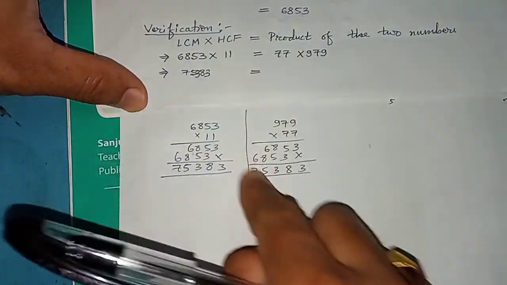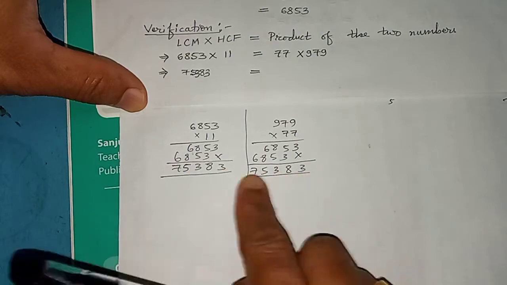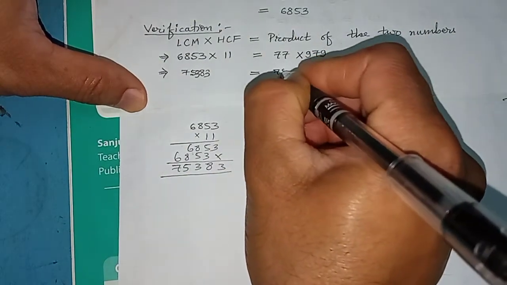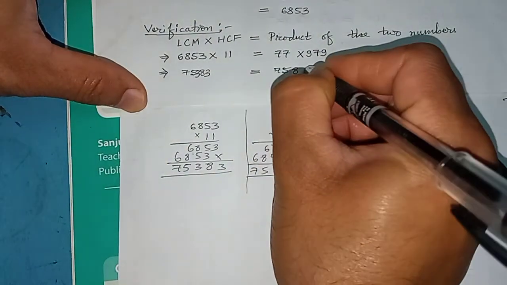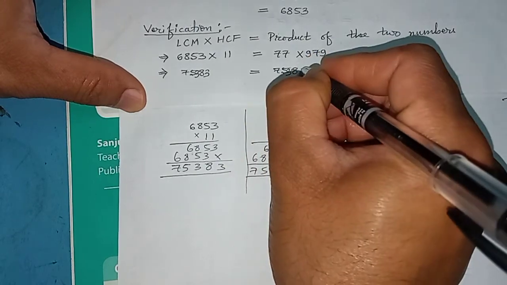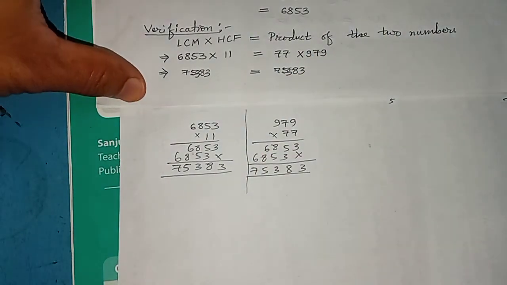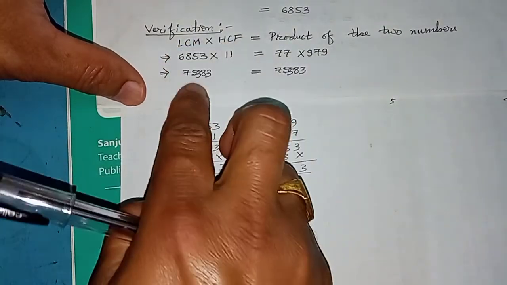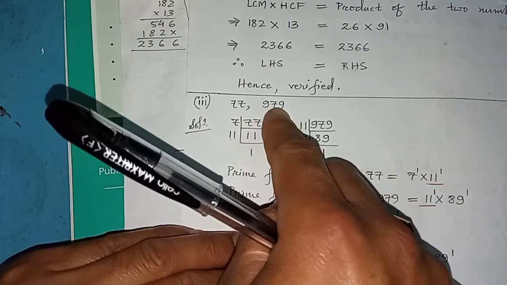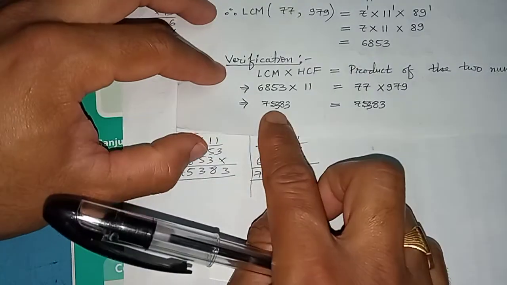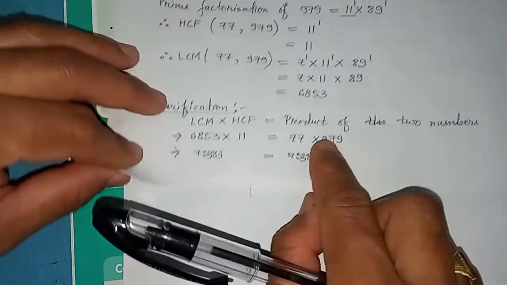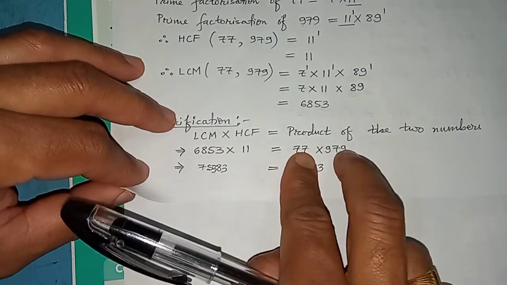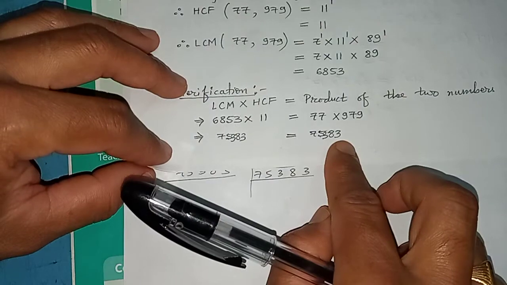Here I'm finding the product of the two given numbers, and see, the product is also coming 75,383. So we found that the product of HCF and LCM of these two given numbers in question number 5, sum number 3, is 75,383, and the product of the two given numbers is also 75,383.